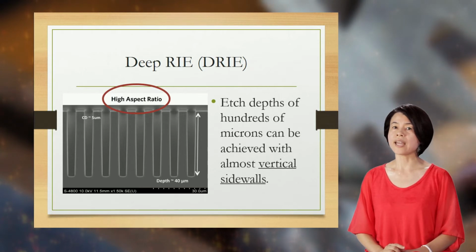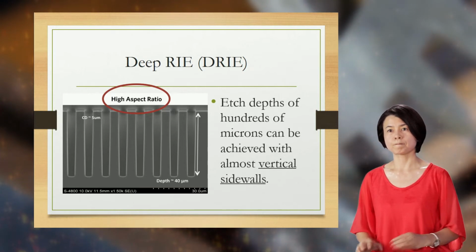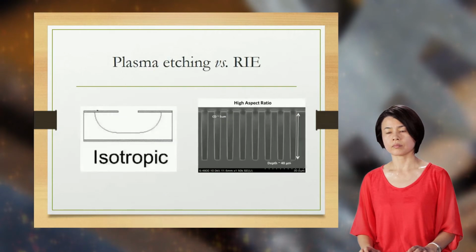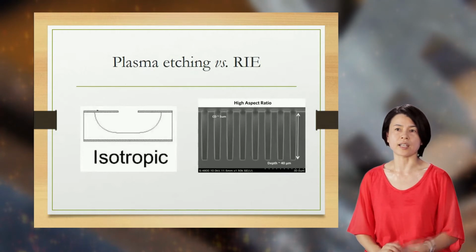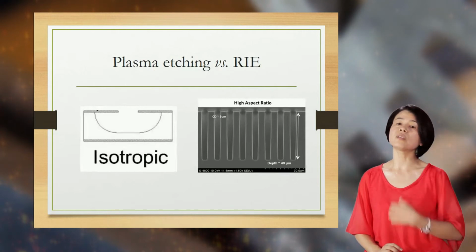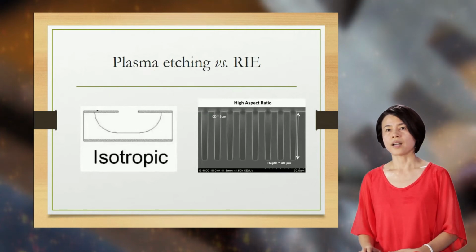Now, can you tell the difference between these two dry etching methods, plasma etching and RIE? These two figures were shared during plasma etching and RIE. Do you notice their difference? Right.